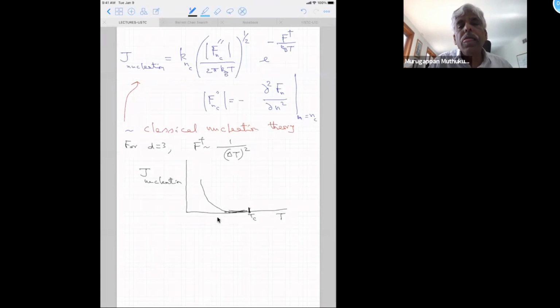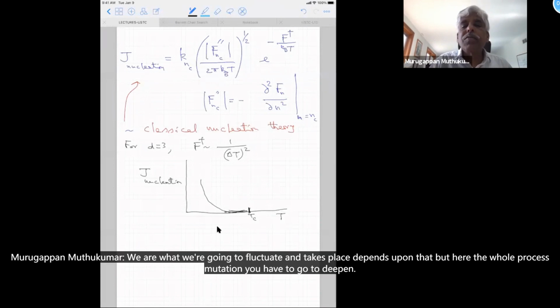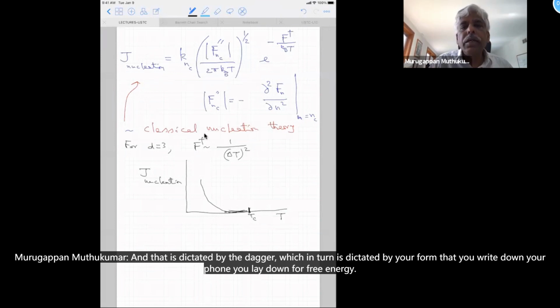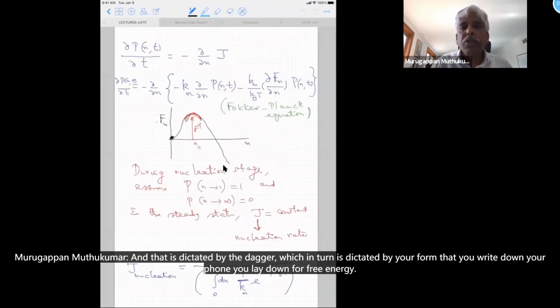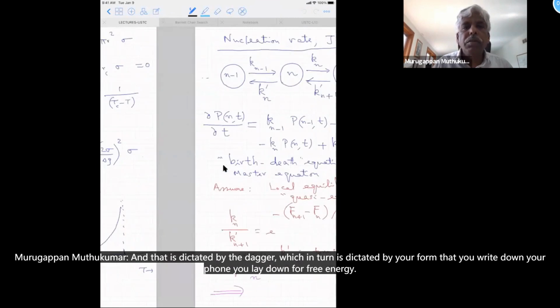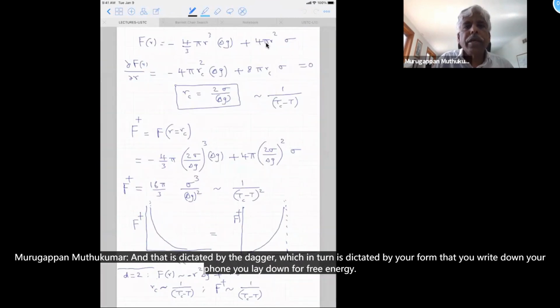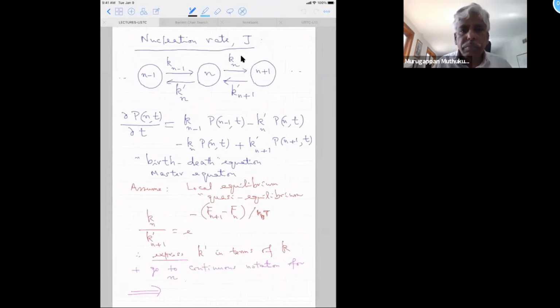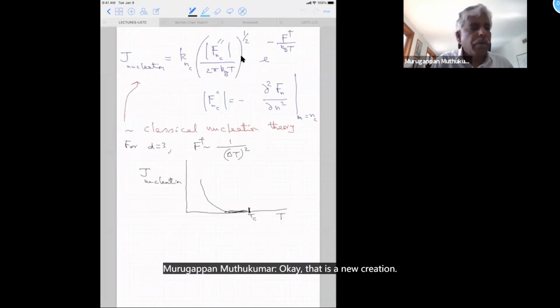But here, at what wavelength fluctuation takes place depends upon quench depth. But here, for the whole process of nucleation, you have to go to a sufficiently deep quench. And that is dictated by this F dagger, which in turn is dictated by the form that you write down for the free energy. Okay, and this is kind of a universal description. Okay, that is the nucleation process.